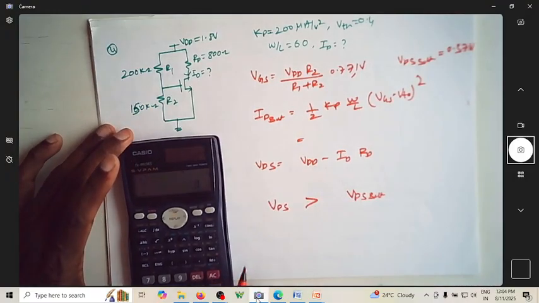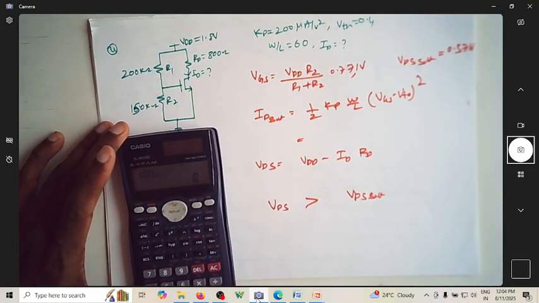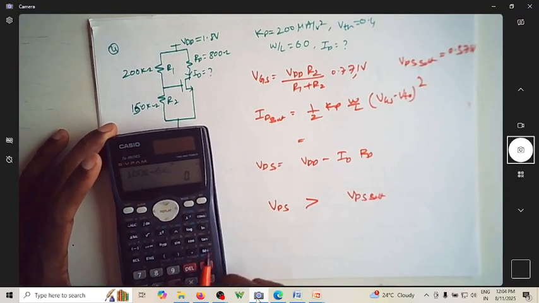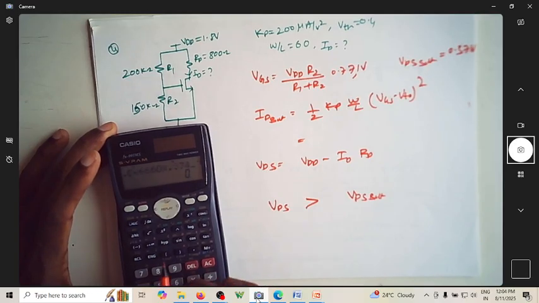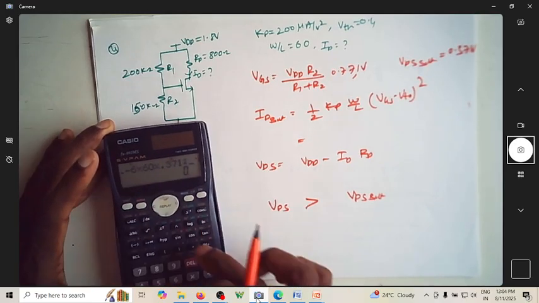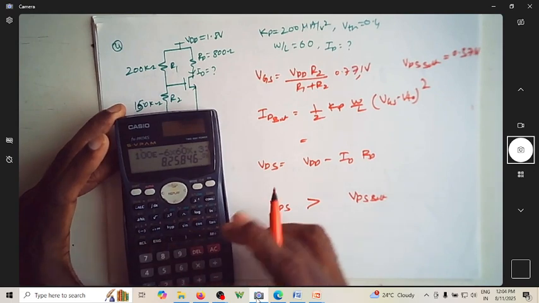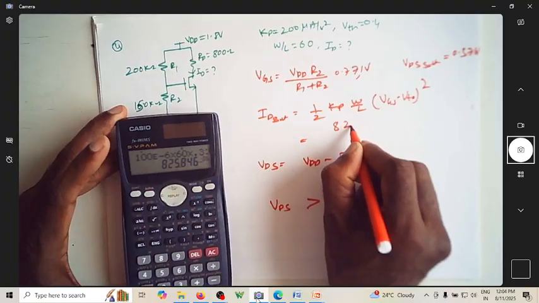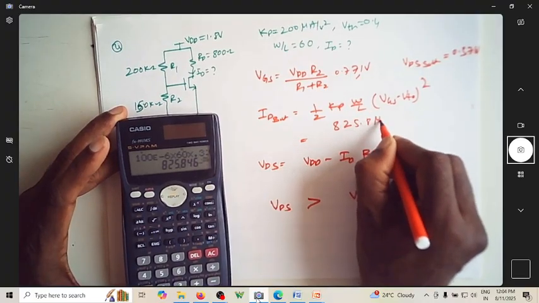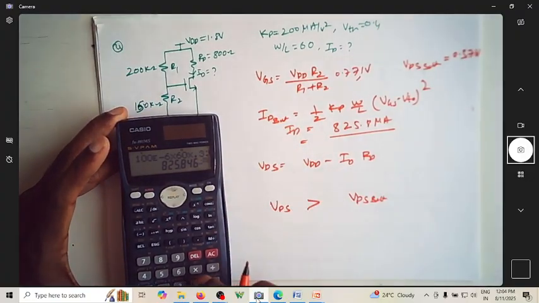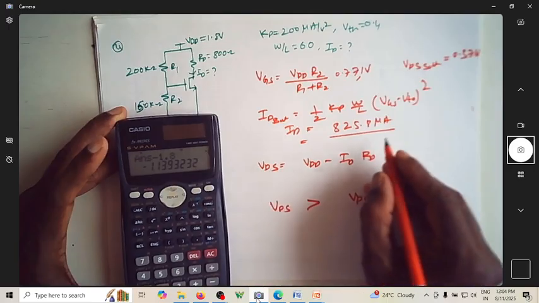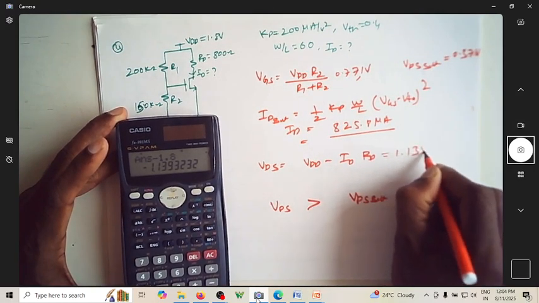Then the current is 100 exponential minus 6 into 60 into 0.371 whole square, which is 825.8 microampere. With this much ID, VDS is 1.8 minus ID into 800. Okay, this is coming out to be 1.13 volt.